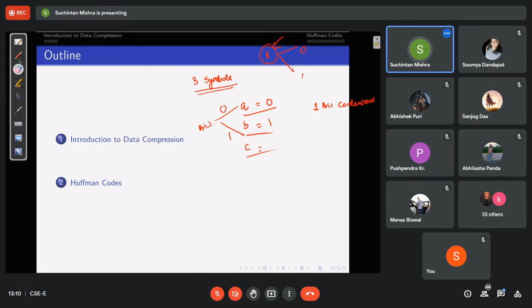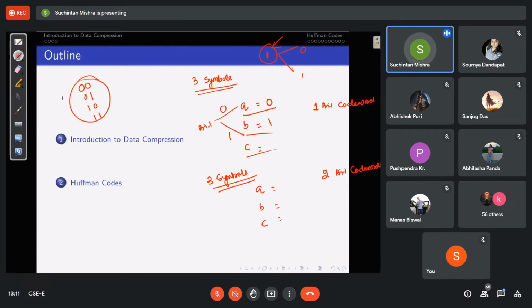Now, let us reimagine this situation where we have 3 symbols A, B, C. For each symbol, we are going to use 2-bit code words. If I have 2-bit code words, how many different code words are possible? It can be 00, 01, 10 and 11.